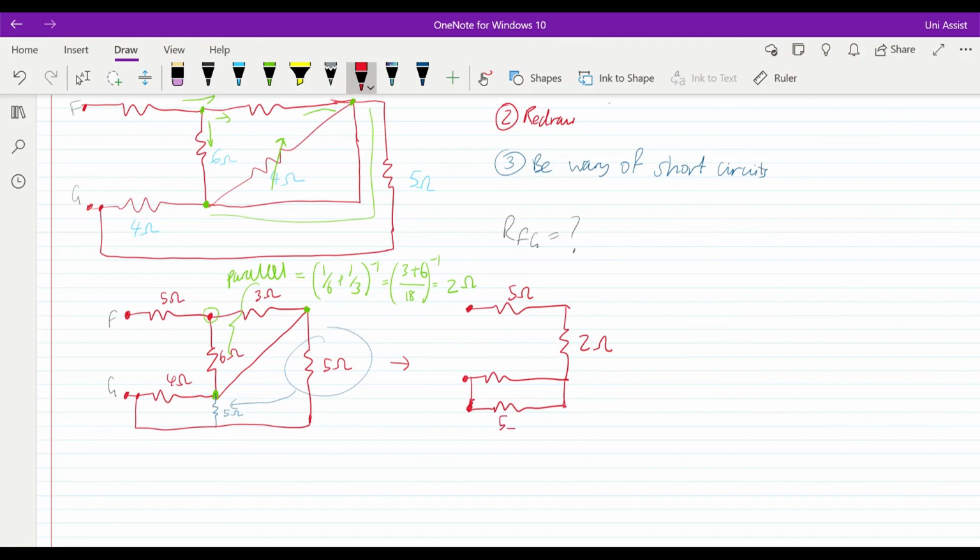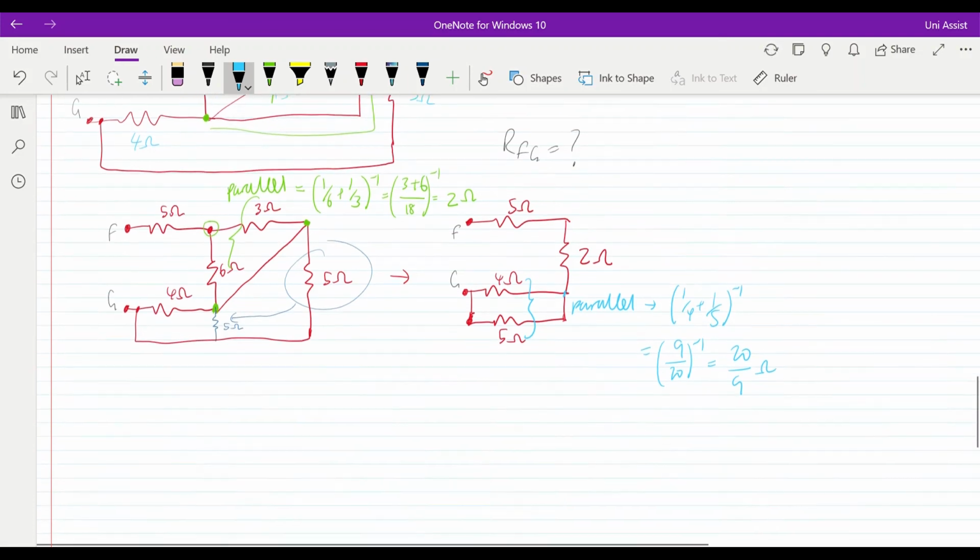Here this is my 5 ohm resistor and this is my 4 ohm resistor. Once again, we've gone from something quite complicated to a very simple circuit. The next thing I notice is that these two are very clearly in parallel. They'll have a resultant value of 1 on 4 plus 1 on 5, inversed, which is equal to 20 over 9 ohms.